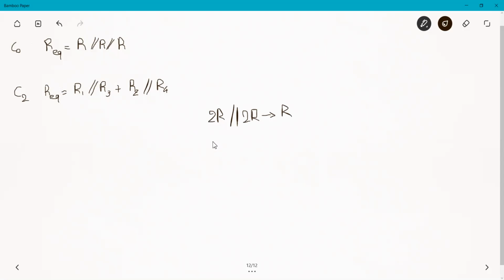When you have 4R in parallel with 4R, the equivalent resistor is 2R. This is very useful in the case of the Russian doll problem, where you have to deal with this circuit from right to left.